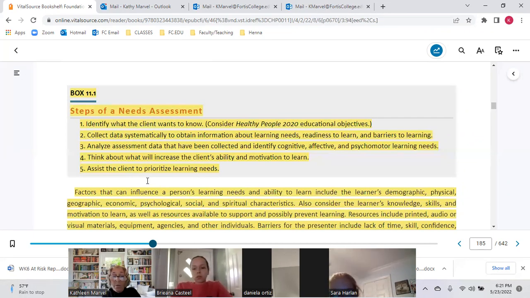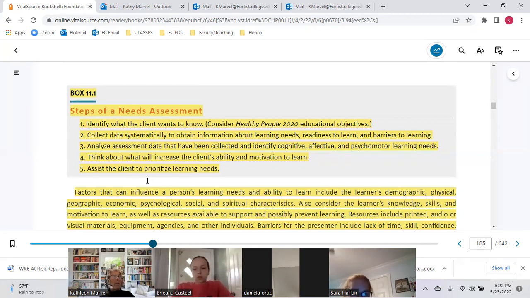There are factors that are going to affect what the needs are of the people that you're going to be teaching: demographics, physical, geographic, economical, psychological, social, spiritual characteristics. Also the knowledge and skills and motivation to learn are going to affect your health education.